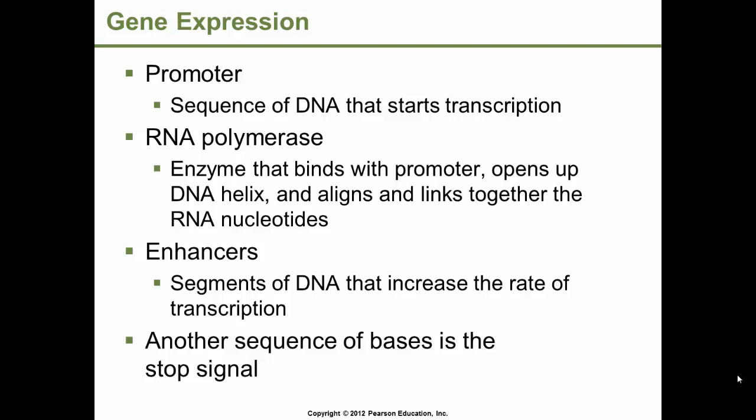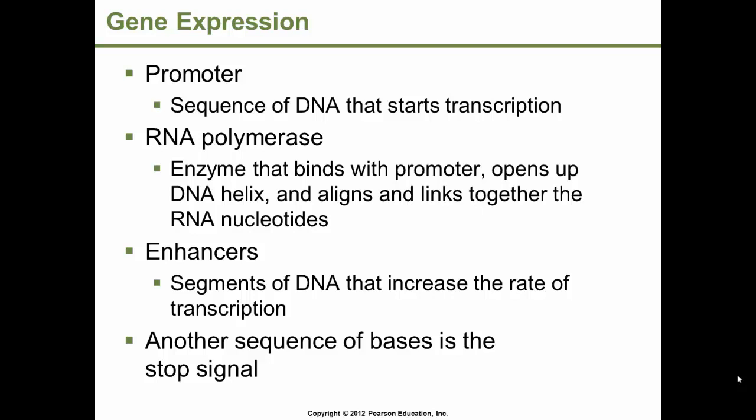A promoter is the term given to a sequence of DNA that starts transcription. RNA polymerase is an enzyme that binds with the promoter. It opens up the DNA helix and aligns and links together the RNA nucleotides.